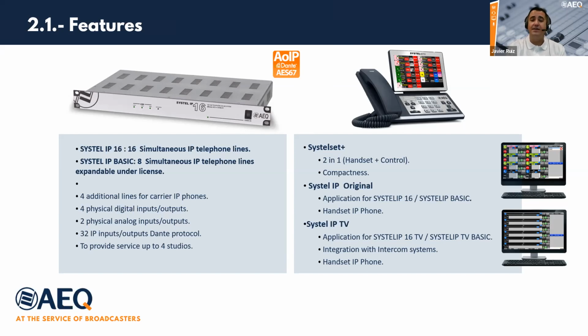The second one is an application, the Systel IP client, and it runs under Windows 10 or Windows 11. It is a control-only application, and if you need a pre-call, you will need to install a standard IP phone to work as a handset.